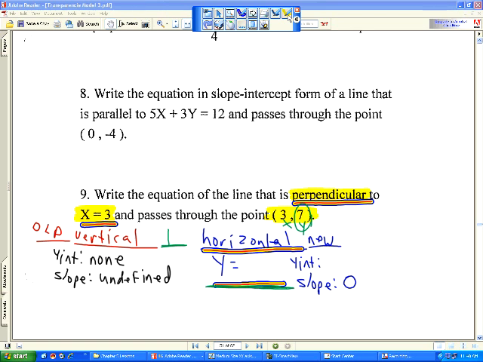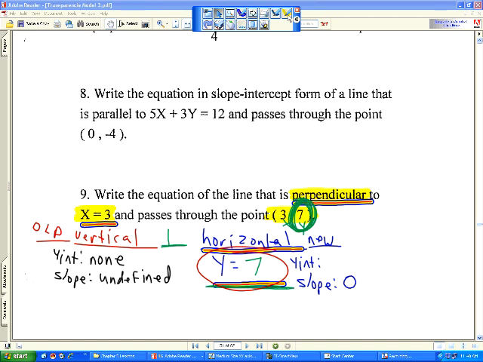And so a horizontal is y equals the what? Constant y. So y is constantly 7. If one point on that horizontal line has a y of 7, then that's what they all have because it's a constant y value. So my answer, y equals 7. Any questions on number 9?